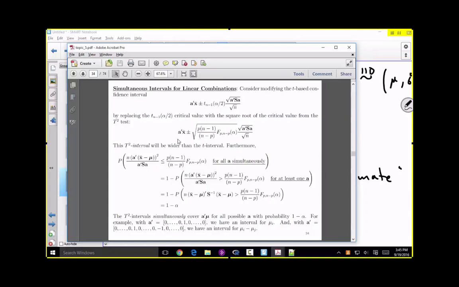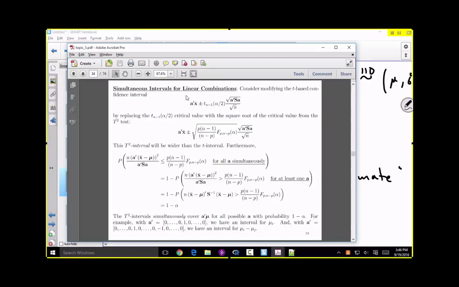Whereas with a univariate interval, you talk about the probability that it covers its one mean. With simultaneous intervals, you talk about the probability that they all cover their means simultaneously. So in multivariate statistics, simultaneous confidence intervals are really what you want when speaking about variables individually.